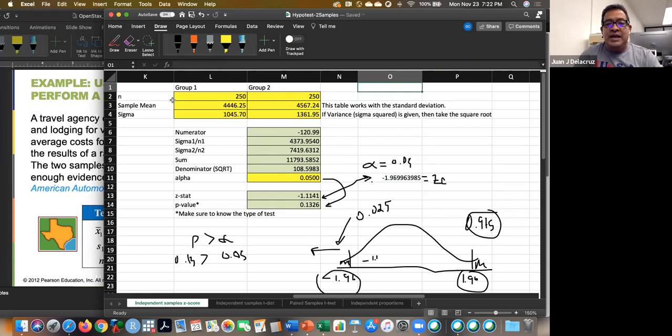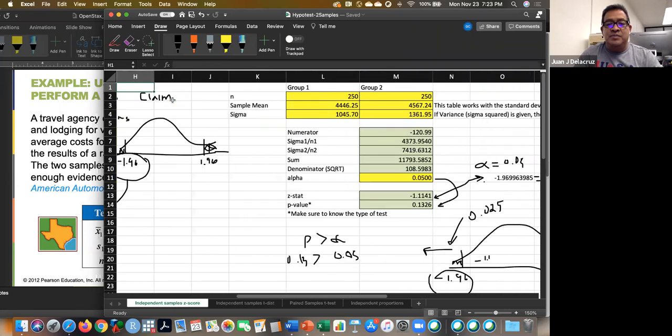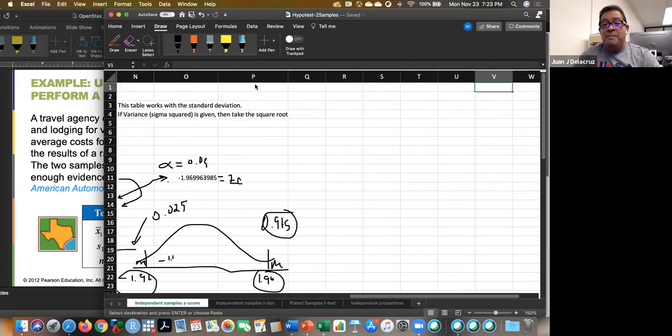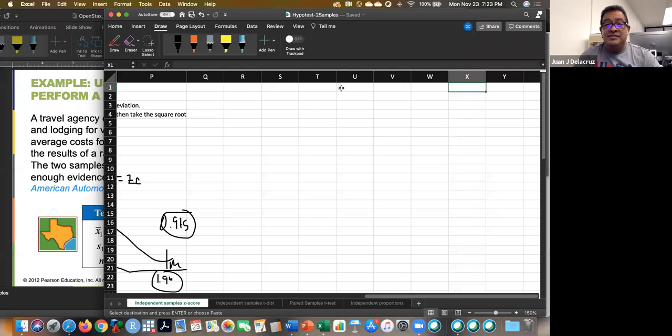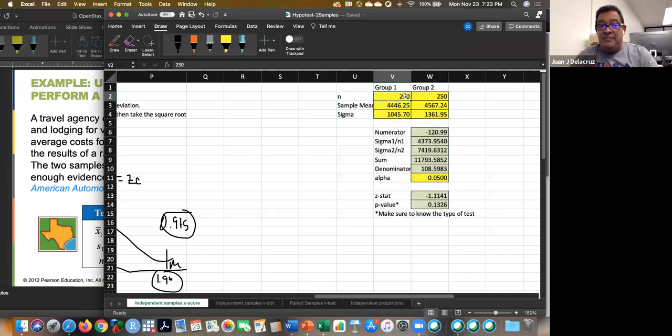So we can do a second case. I don't think we have a second case, but we can do it. This is very simple. What I'm going to do is copy and paste it somewhere else, so I'm copying and pasting the same numbers and erasing the inputs.